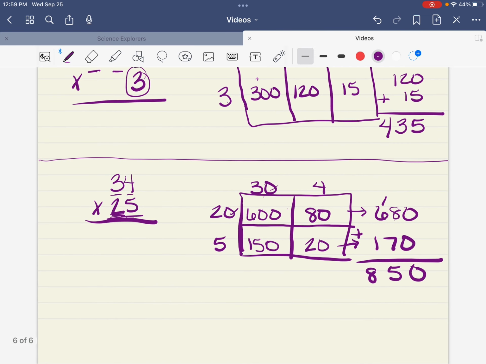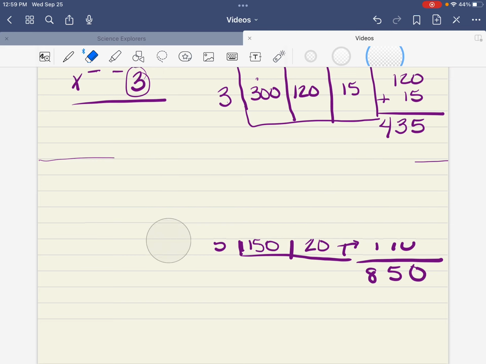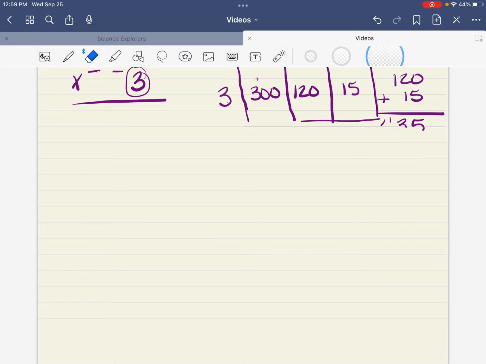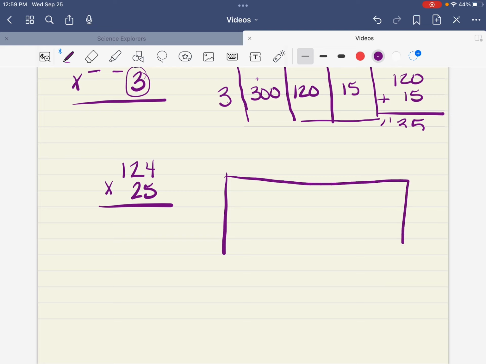If we wanted to do that with 3 digits, let me erase some of this real quick for us. If we want to do this instead of, say, 34 times 25, we would just simply make another box. So let's say it's 124 times 25.